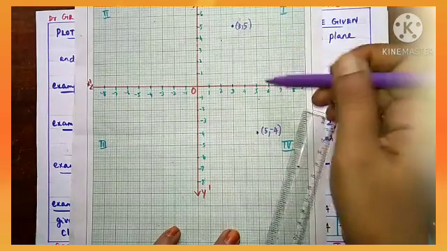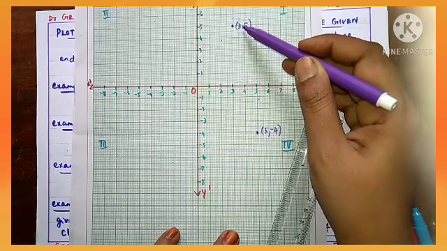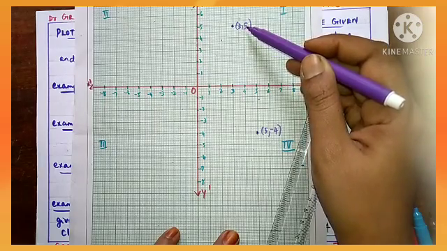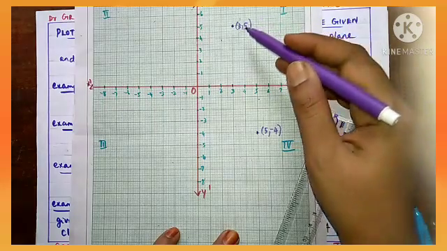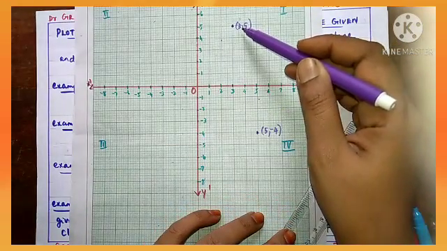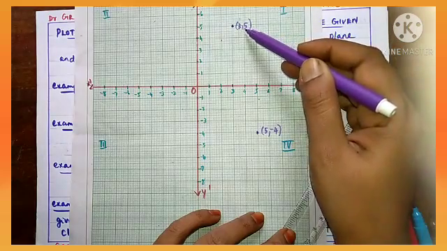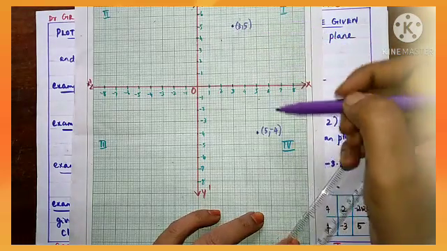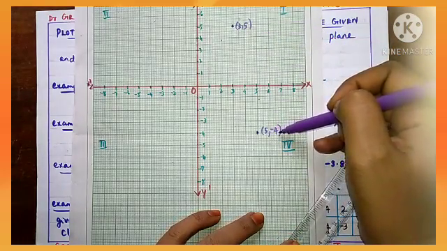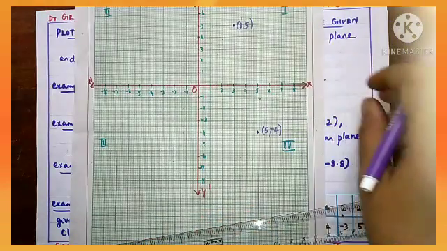Whenever you write the coordinates, always be very careful that x is written first and y is written second. So that is the position of the 2 points. Both are positive for (3, 5), so it came in the first quadrant, and here x positive, y negative, it came in the fourth quadrant. Understood all of you?